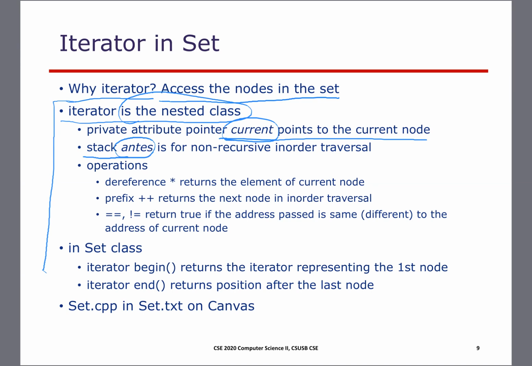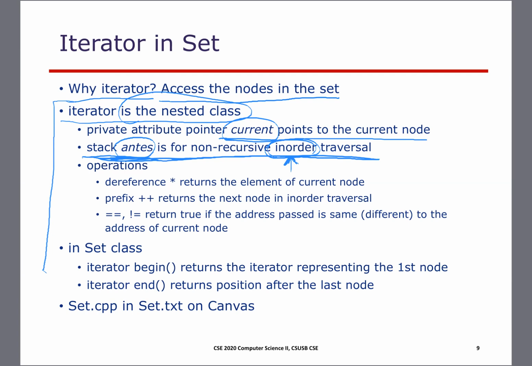We use this stack for non-recursive in-order traversal. For the binary search tree, we use in-order traversal, so we can access the elements from the smallest to largest. So this stack is used for the non-recursive in-order traversal.